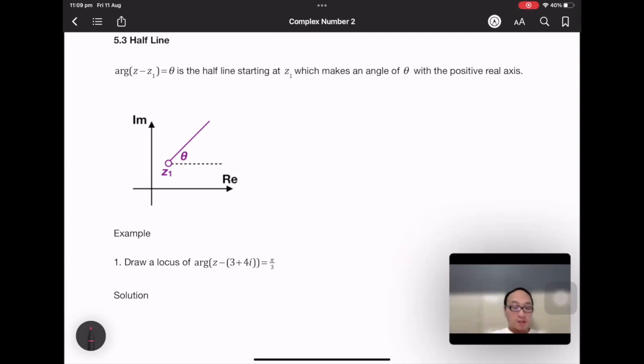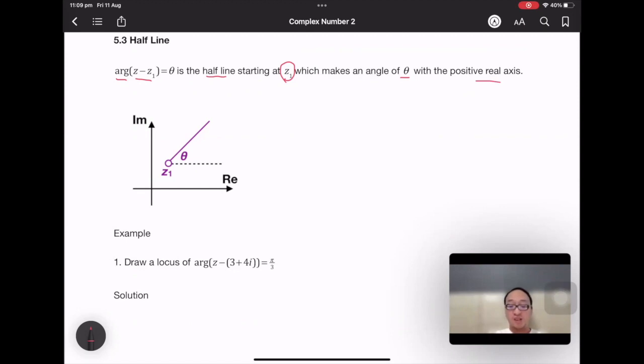Next, half line. The notation for a half line is argument of z minus z1 equals theta. It is the half line starting at z1, which makes an angle of theta with the positive real axis.